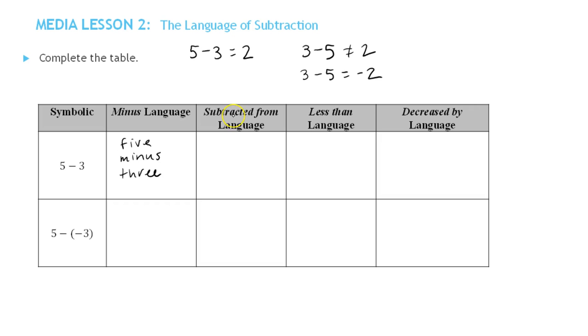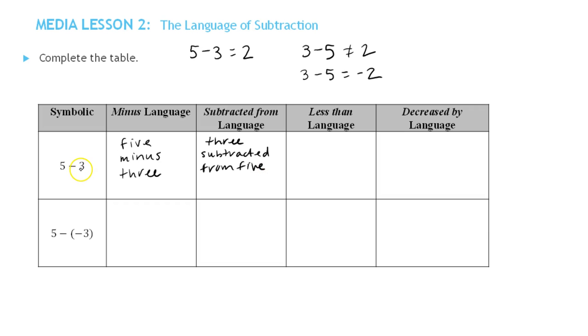Now another type of language that we use that you may say is subtracted from language. Now we wouldn't say 5 subtracted from 3. This would be 5 subtracted from the number 3. Instead we say 3 is being subtracted from 5.